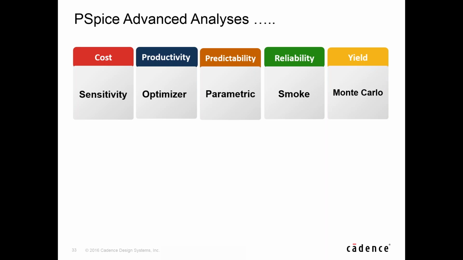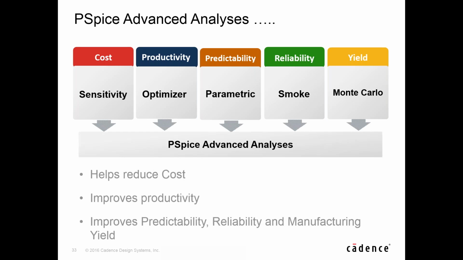The random combination of all those tolerances of components that the pick and place machine puts down is going to vary the output and the performance of that circuit. So the Monte Carlo analysis allows you to sweep a circuit across maybe 1,000 or a couple thousand simulation runs, randomly varying those component values based upon parameters that you define, and then it'll let you know what your yield is going to be.